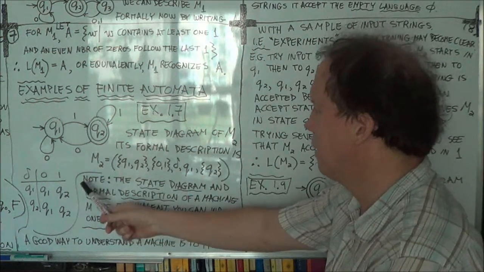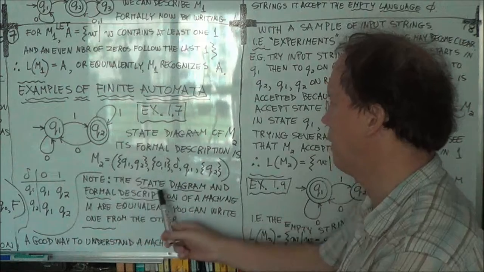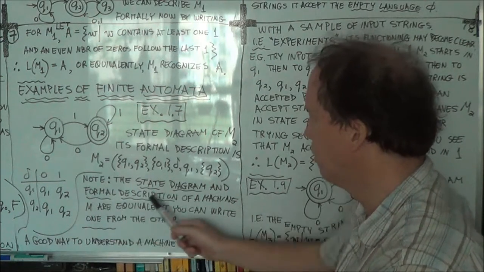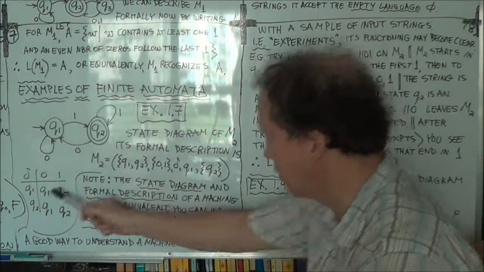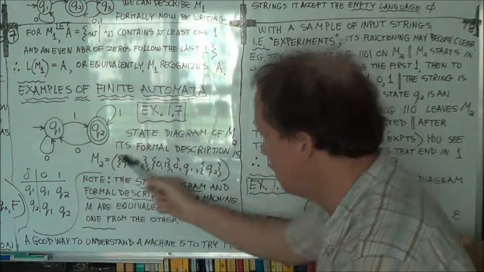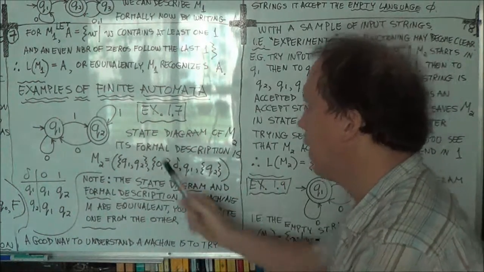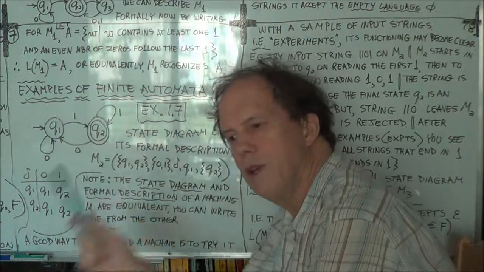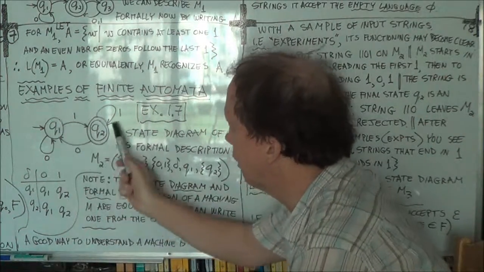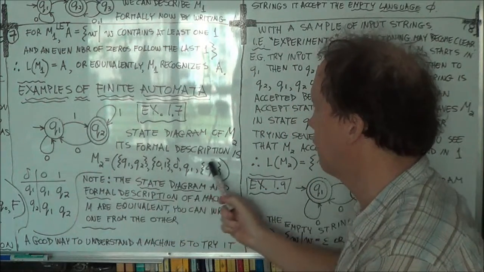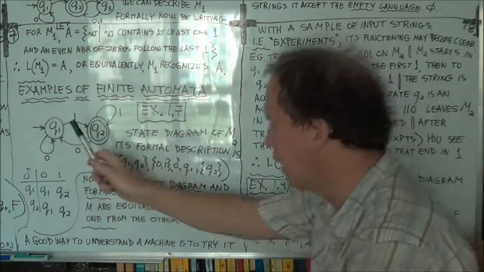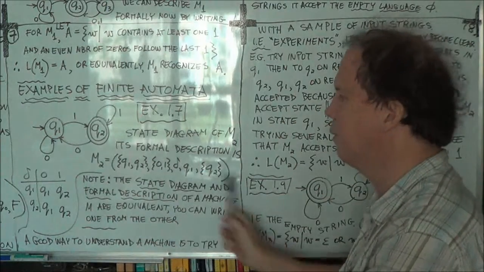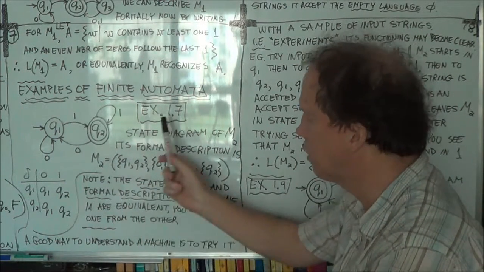Now note from the text, the state diagram and the formal description are equivalent. You can go from one to the other. From the state diagram, we created this formal description, but we can go the other way too.